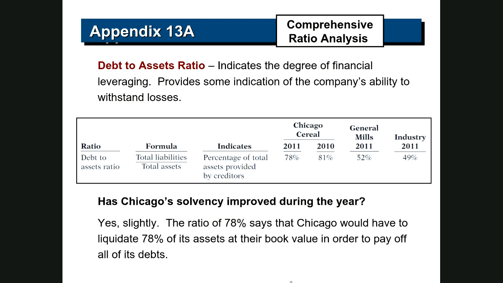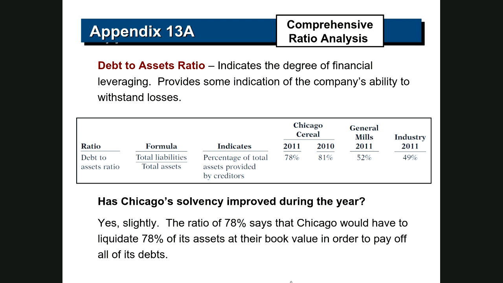How much is it? Right, it's 77.84, right? 0.7784, yes? 77.84, it's rounded in the slide, which is 78%, right?